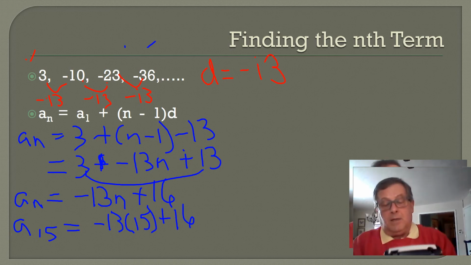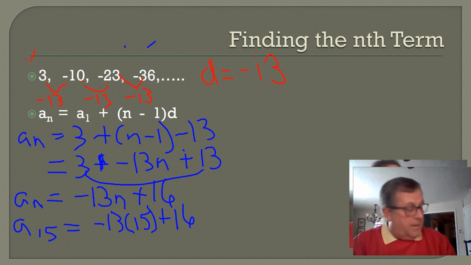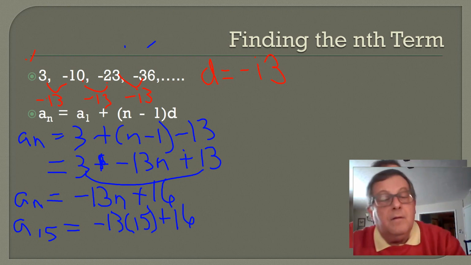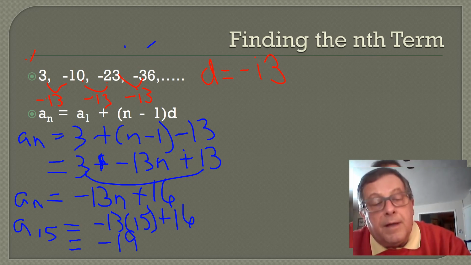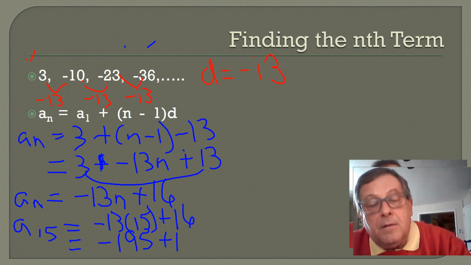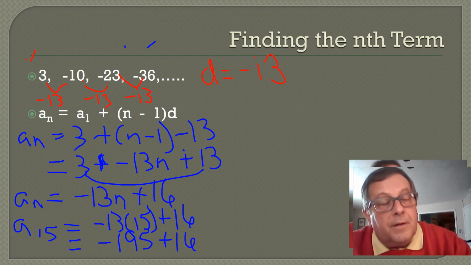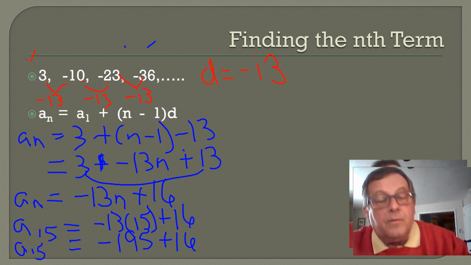All right, I think I'm going to have to get my calculator out on this negative 13 times 15. So I got negative 13 times 15, and that equals negative 195. Negative 195 plus 16. This is going to equal a sub 15, the 15th term in the arithmetic sequence.